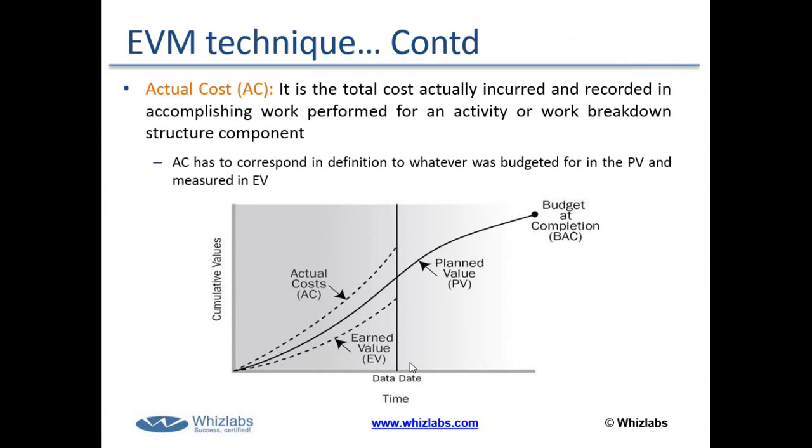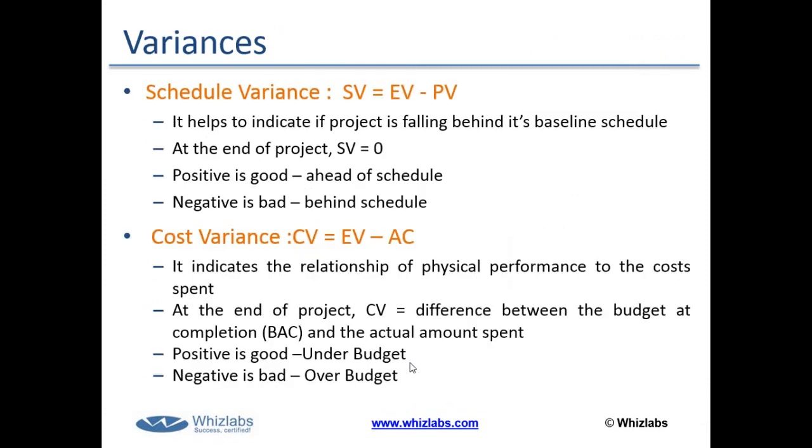Now the planned spending for a particular month was $1,000. I actually performed work worth $1,000, but in order to complete that work, I spent more money. If that work was supposed to be done by one resource, I deployed two resources.